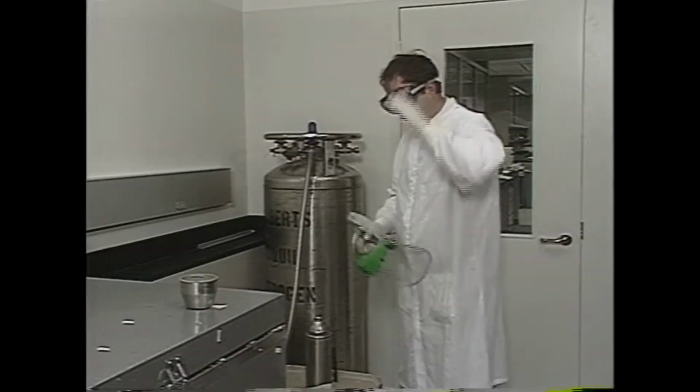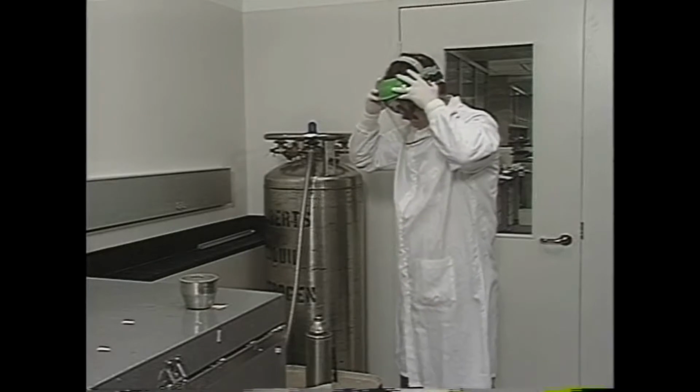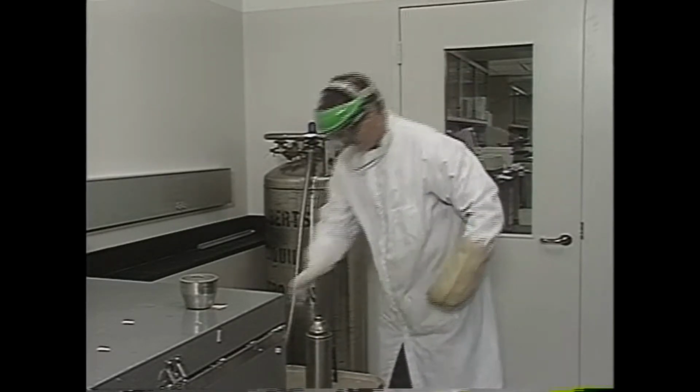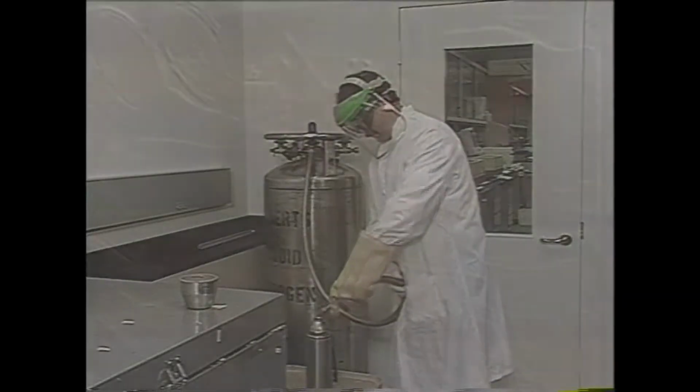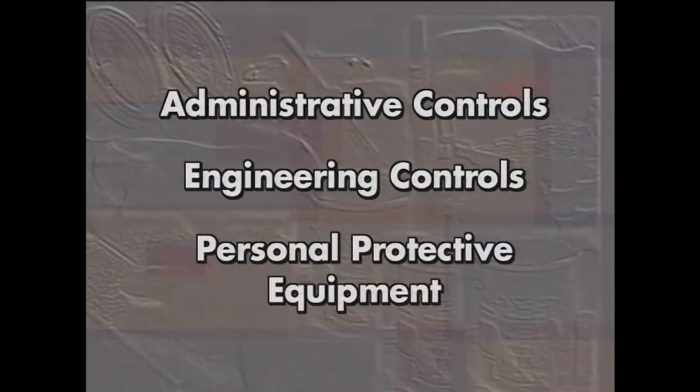Once we have used resources such as the MSDS and the container label to identify the hazards a chemical presents, we need to take steps to protect ourselves. There are 3 basic approaches: administrative controls, engineering controls, and personal protective equipment. Most situations call for the use of all 3.